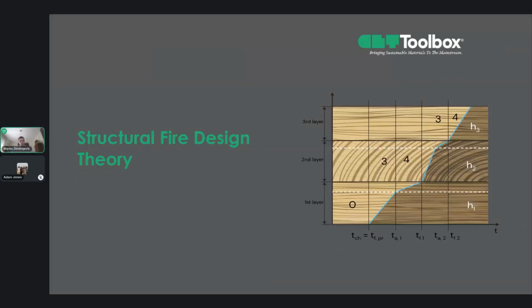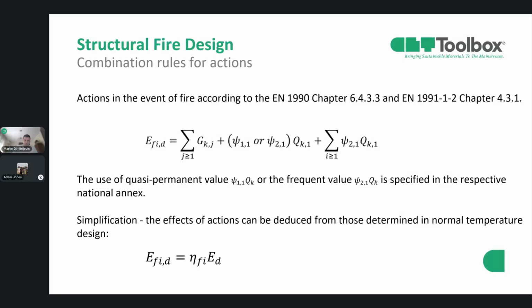So then we can jump to structural fire design theory. If we look closely at the beginning, the structural design and the different codes, there are different standards. Firstly, we can look at combination rules for actions according to Eurocode. Actions in the event of fire are according to Eurocode 0 and Eurocode 1.2, reflecting these chapters.